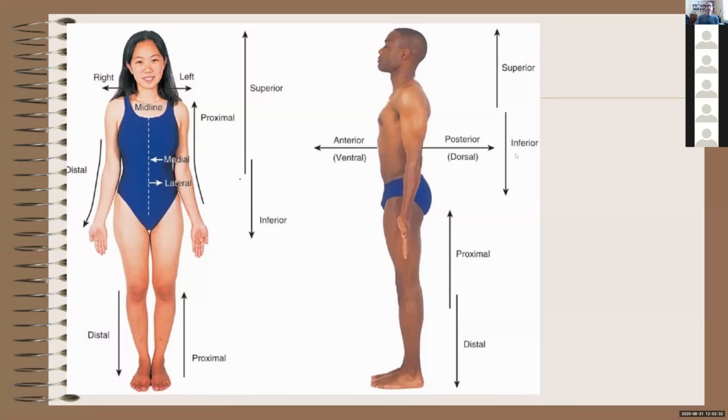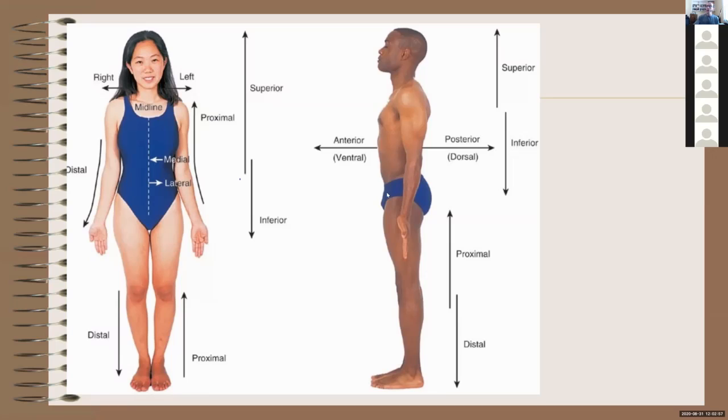So if I say, in what direction is the bladder in reference to a person's head? You would say the bladder is inferior to the person's head, because the head is up here and the bladder would be right here. So the bladder is below the head, so we use the term inferior.